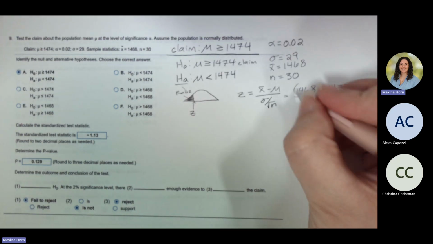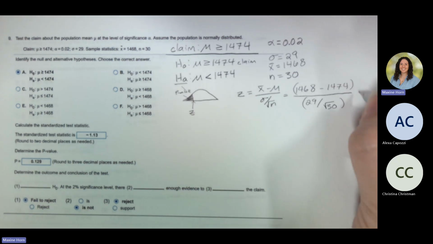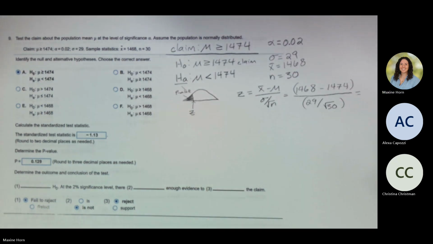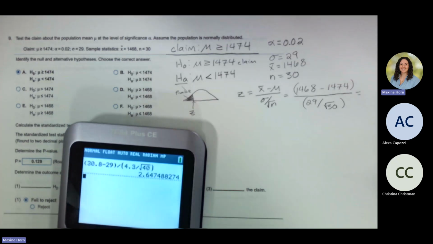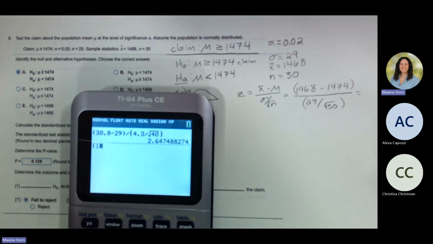And again, when you plug it into the calculator, please just be careful, use parentheses, or you could do it one calculation at a time, but I prefer to do it all at once.